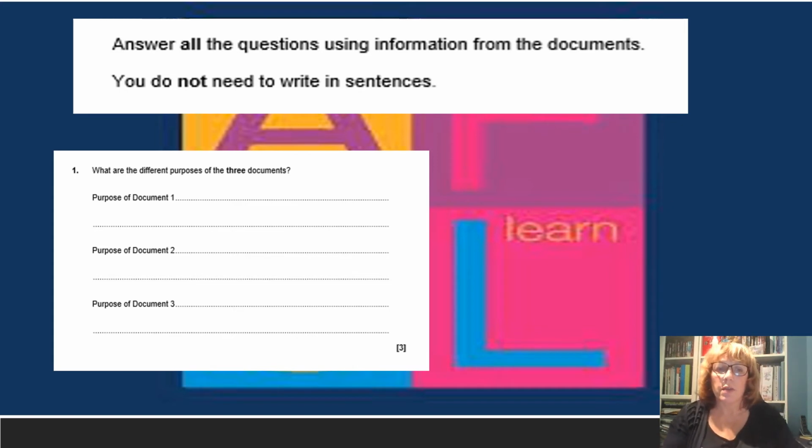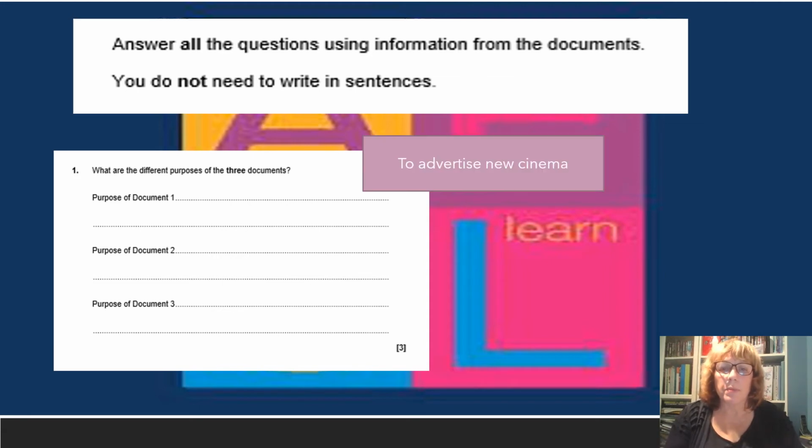So let's have a look at that first question. What are the different purposes of the 3 documents? Well, the purpose of document 1, do you remember? If you have it in front of you, it's an advertisement. So its purpose is to advertise the new cinema. In the second document, it was a newspaper article. So make sure you know what that article is doing. It's informing.